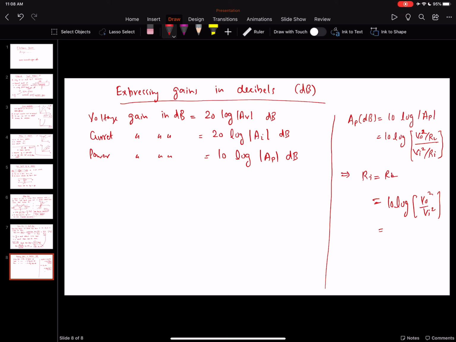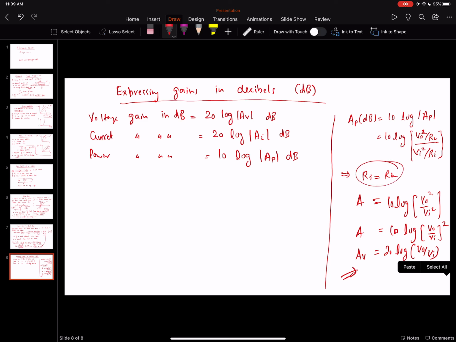So you can take this 2 out, so 10, just call this the gain factor. We start with the voltage gain, V naught over VI, squared, so it comes out to be 20 log of V naught over VI. So starting with one expression, you ended up developing the other expression. However, please make sure that these expressions have an inherent assumption built in, which is that our input and output impedances are the same.